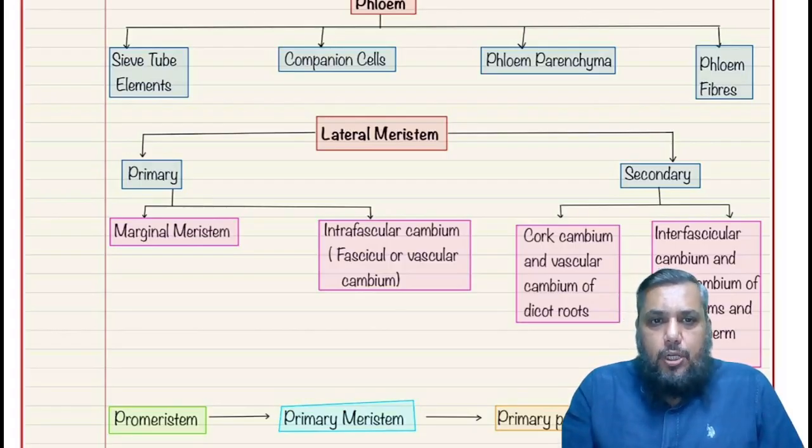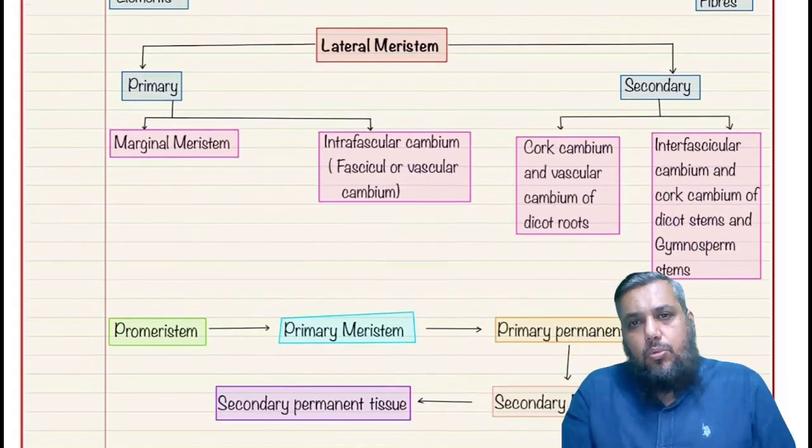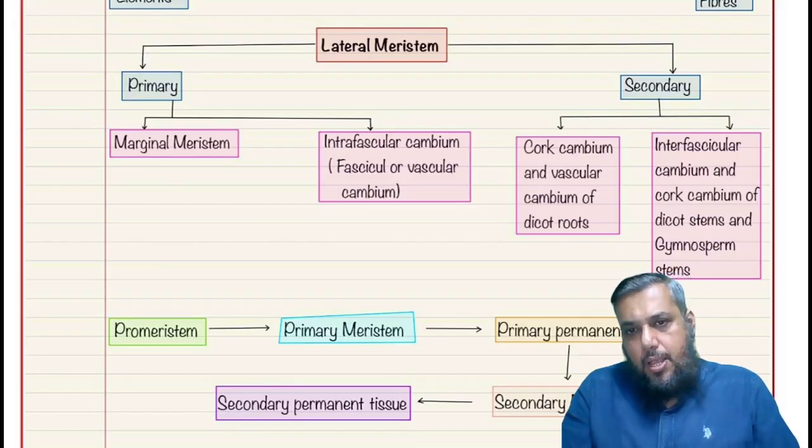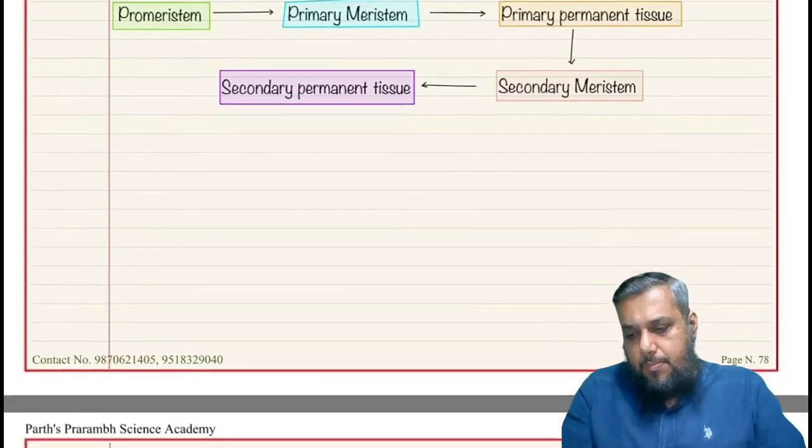Primary will include the intrafascicular cambium or the vascular cambium. And the secondary will include the cork cambium and the vascular cambium of dicot roots, and the interfascicular cambium and the cork cambium of the dicot stem and gymnospermic stems.